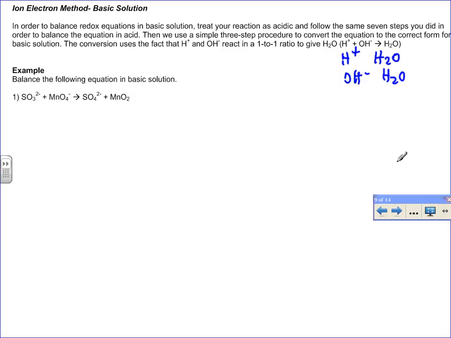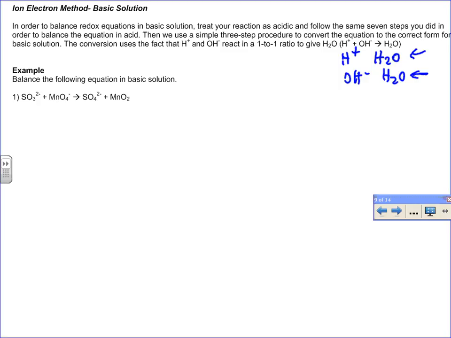Now, I hope you can appreciate that although we could do it, it would be much more difficult to determine how many hydroxides and water molecules needed to be on either side of a particular half reaction to balance the oxygens and hydrogens using OH minus and H2O than using the H plus and the H2O.